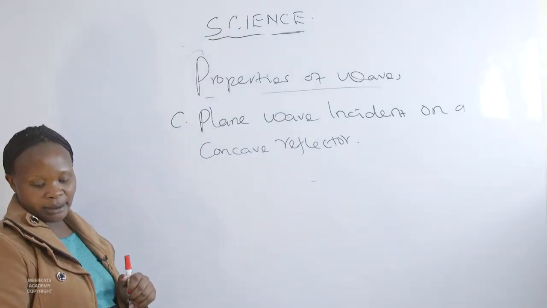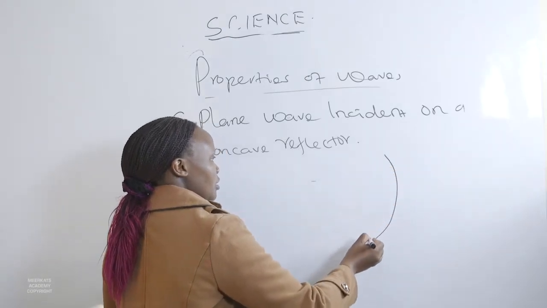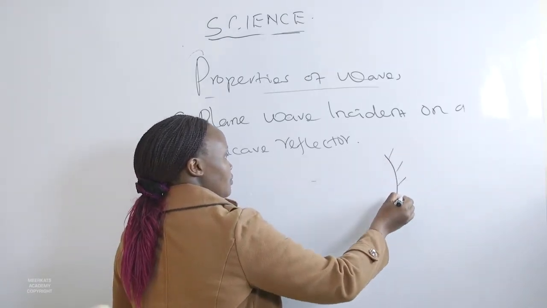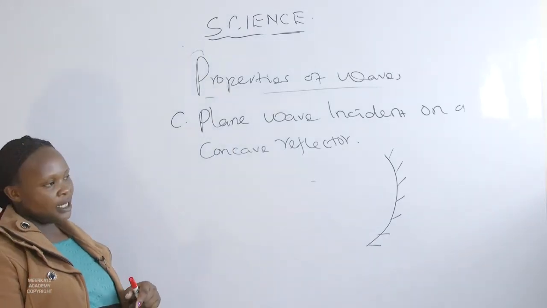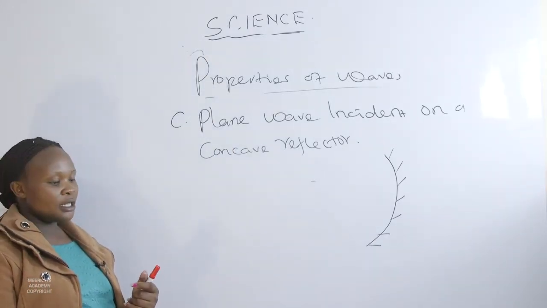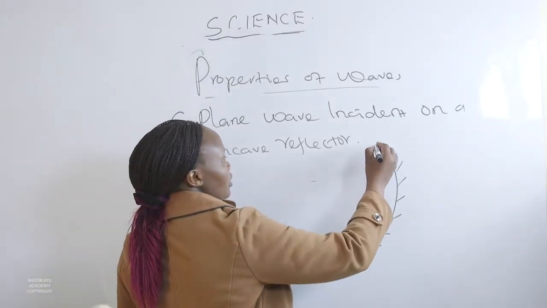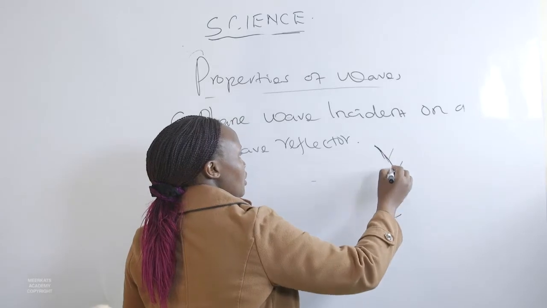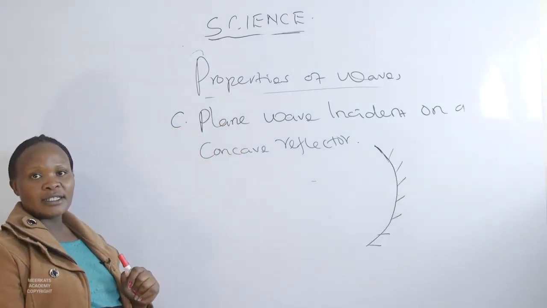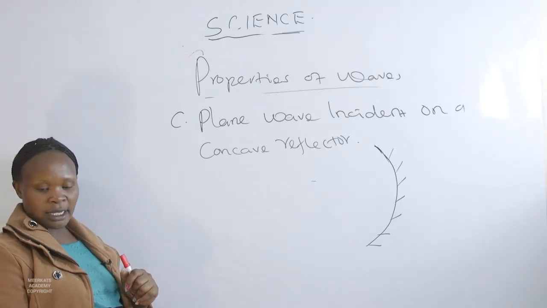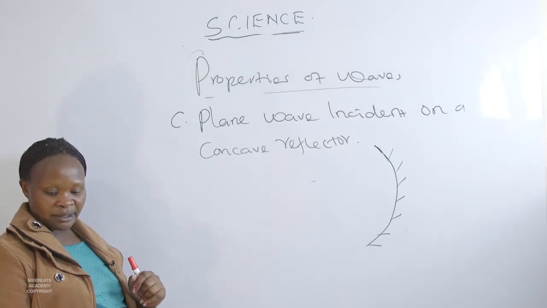That we have plane waves and we have a concave reflector. Remember, in the case of light, we agreed that this reflector has an effect of converging a beam of light, and in this case we are saying that light is an example of a wave.